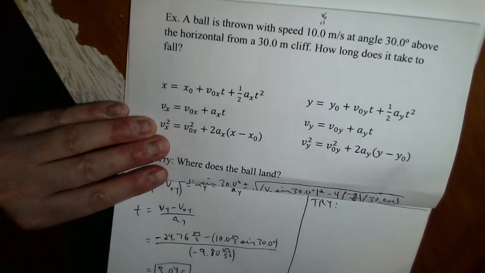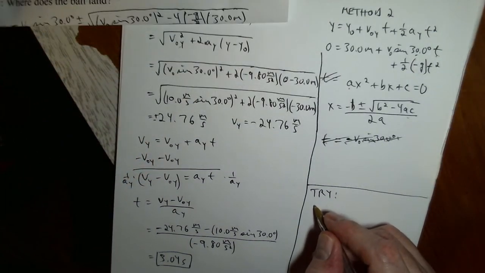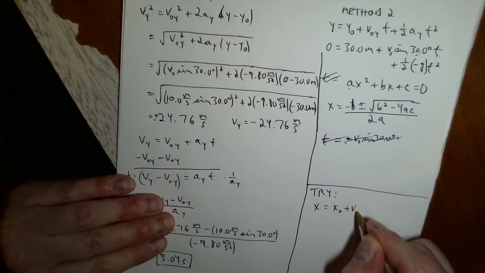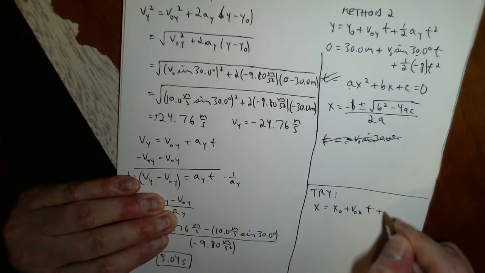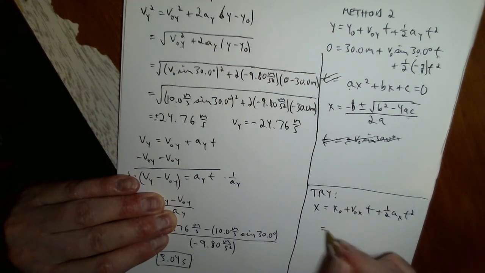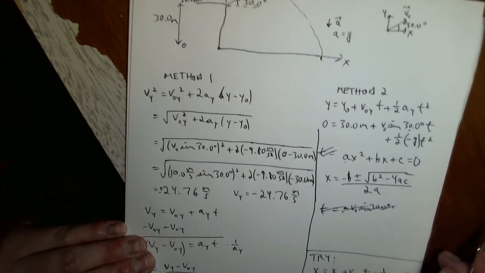So my equation is x equals x sub naught plus v sub naught x t plus 1/2 a sub x t squared. My x sub naught is the initial value of x.